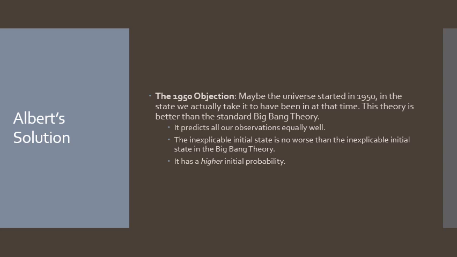Basically, this just follows from the fact that the universe has been increasing in entropy since the time of the Big Bang, at least according to standard views. So the entropy of the universe in the year 1950 is uncontroversially much greater than what we take it to have been in at the time of the Big Bang, which means the 1950 state has a higher prior probability if you're assigning equal probabilities to equal-sized regions of the phase space.